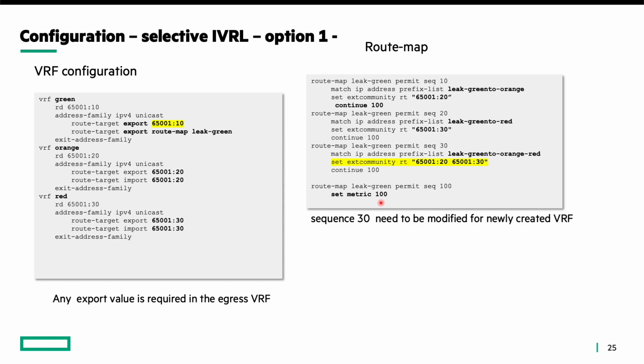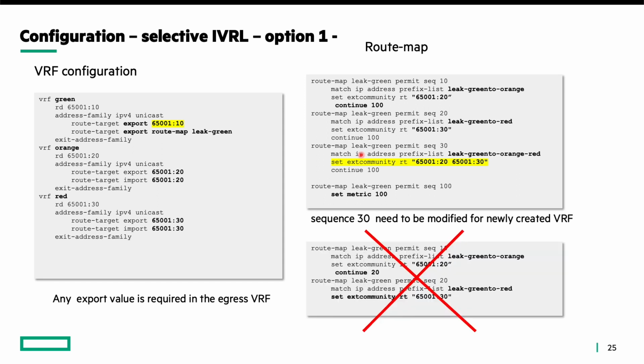The limitation of this solution is that each time you add a new VRF, you need to modify this sequence 30, and this is something I don't like so much, to modify a route map sequence, because if you make any mistake, it can break everything.